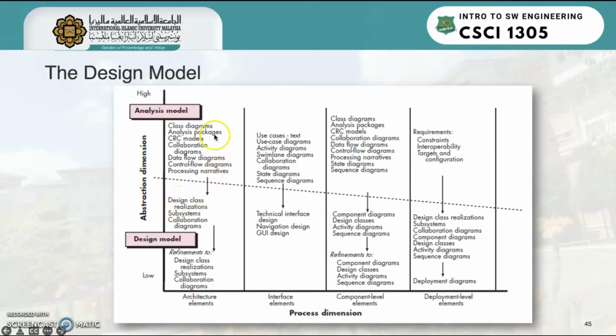You can see some of these analysis models are also duplicated in the design model, but what that means is that they will be refined. That means they will be further detailed out in the design stage. So for example, if you have a design class diagram, it will be design classes. It will be further detailed in the respective process dimensions.